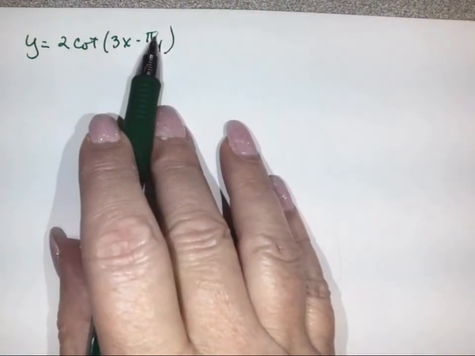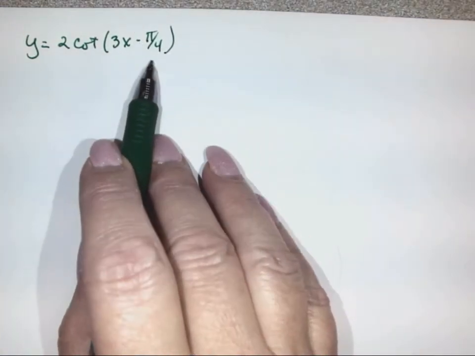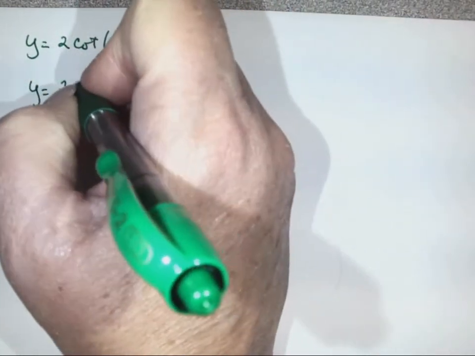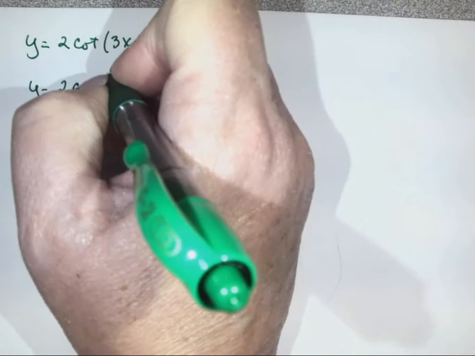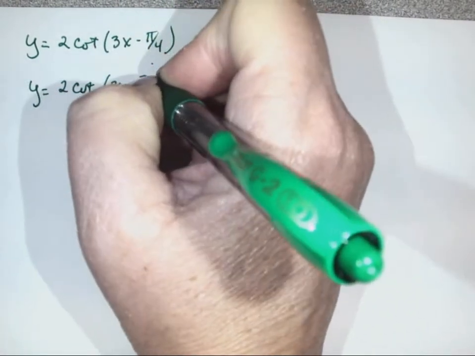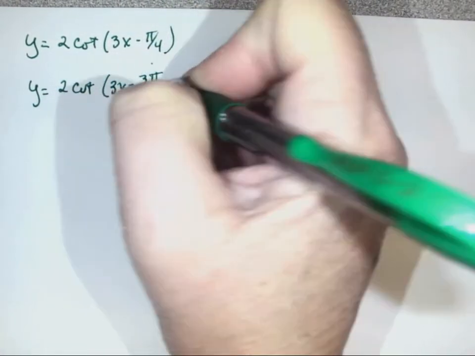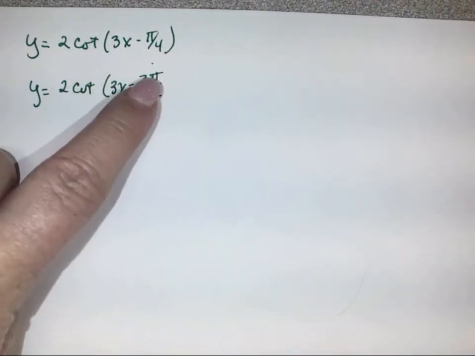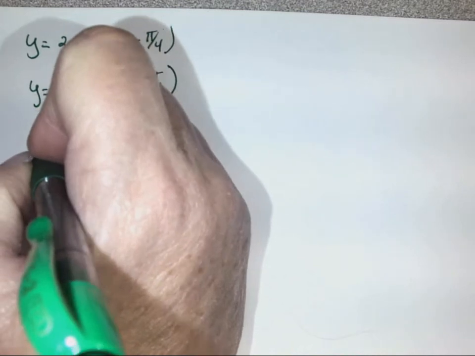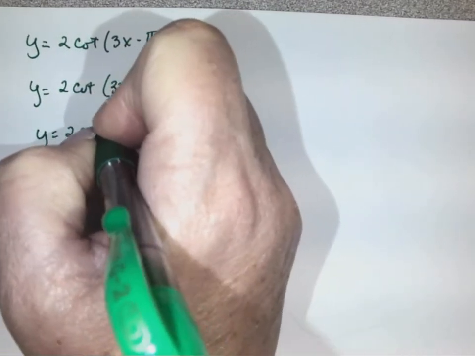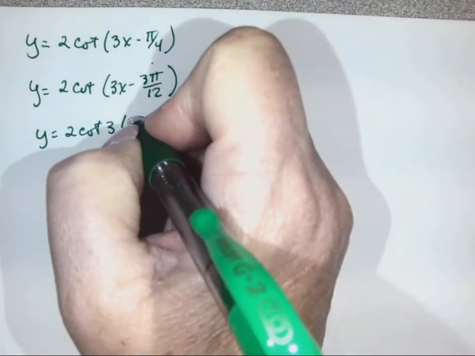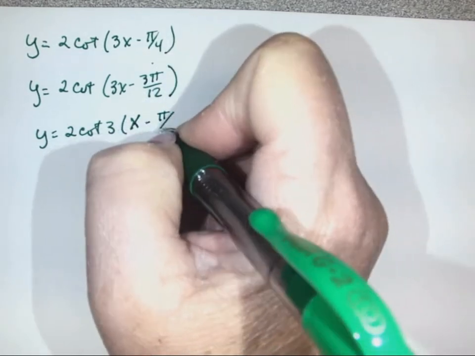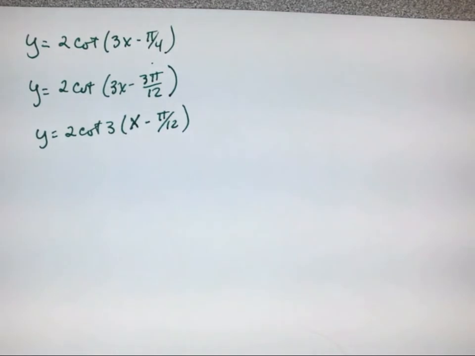So I need a 3 pi on the top, so what I do to the top, I do to the bottom. So I'm going to rewrite this as 2 times the cotangent of 3x minus 3 pi over 12. 3 pi over 12 is the same thing as pi over 4, but now I can factor out a 3. So y is equal to 2 times the cotangent of 3 times x minus pi over 12. So I could factor out the 3.